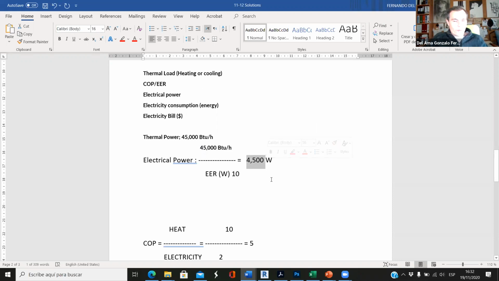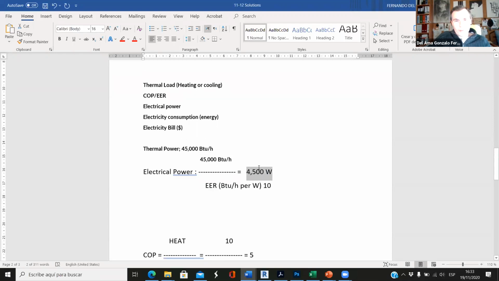It's 4,500 watts, because this energy efficiency ratio is, well, this is BTU hour per watt. Okay, the units of this ratio is BTU hour per watt. So if it's 10 BTU hours per watt, so we have 4,500 watts.